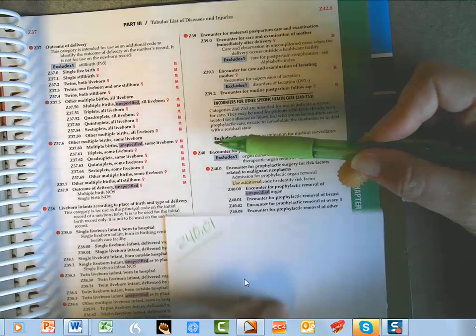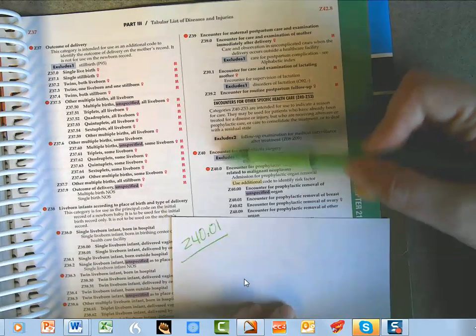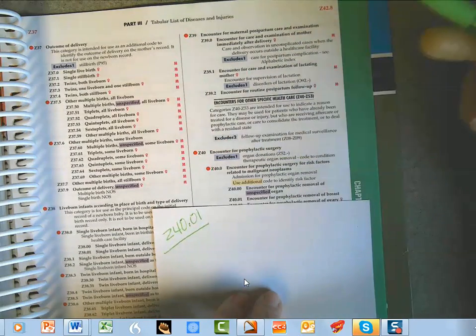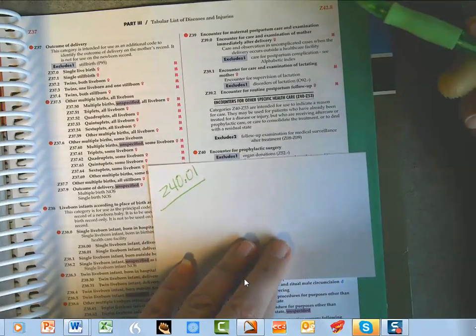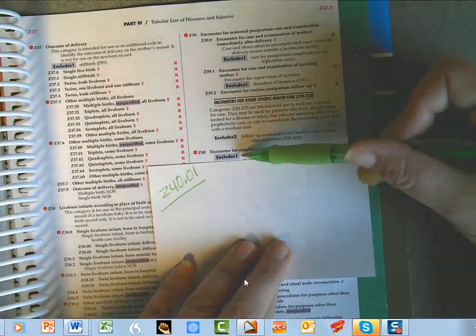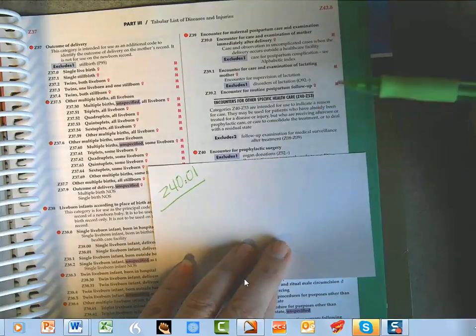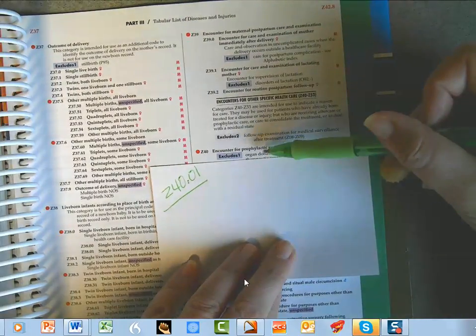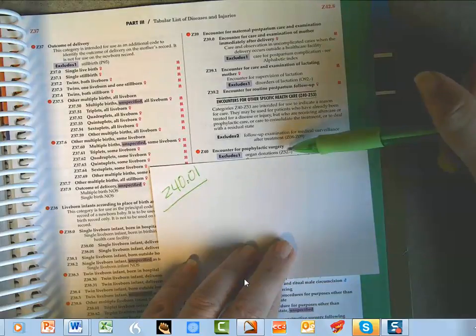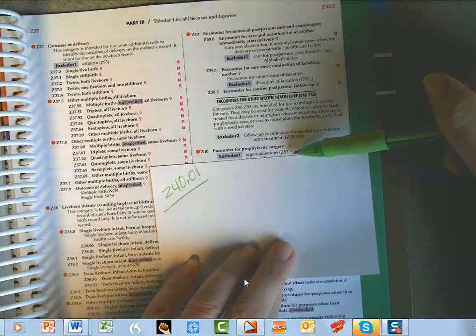I don't want you to go directly to the code because you might miss something up here. And that's what coding is all about. All right, so you're going to go to encounter for prophylactic surgery. There's an Excludes1 notation here. And what is that telling us? That's telling us that you will not find these things here, right? You don't code them here. So for organ donations, we don't code organ donations here.